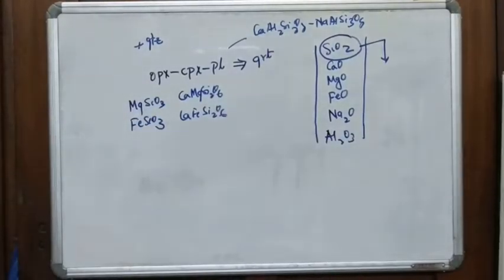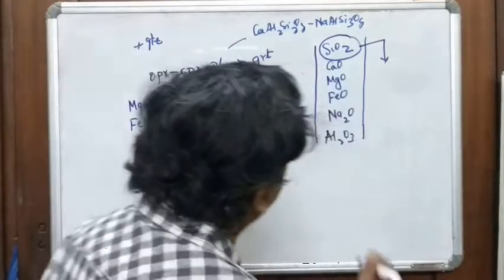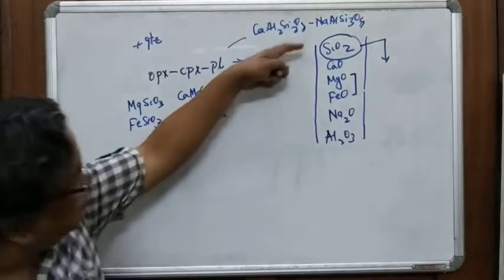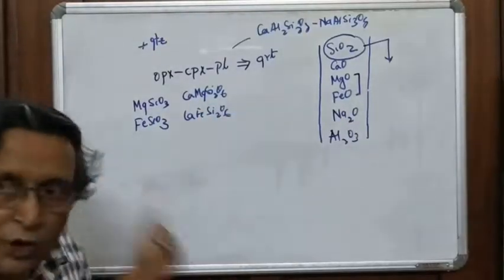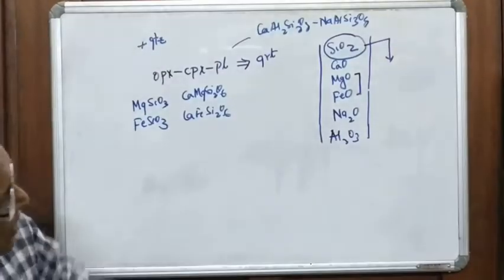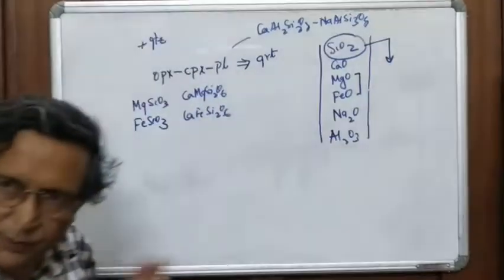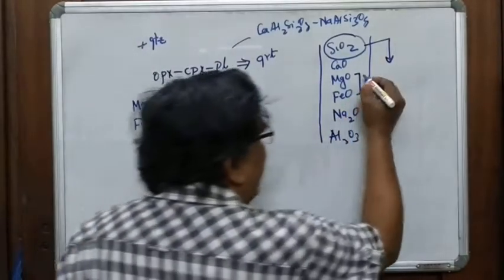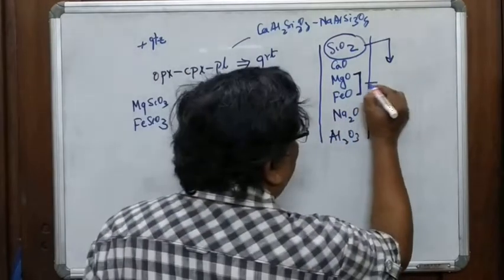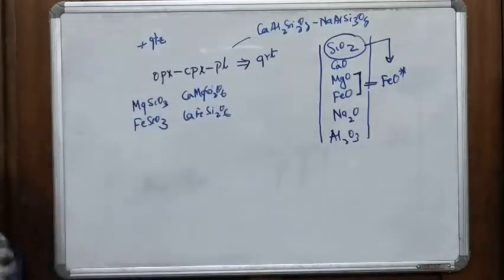To make matters a little comfortable for us, and it's not right, but what we can do is club MgO and FeO. It's not easy to draw 6 components on the diagram. There are ways to do it, that is what I will teach later. But for the moment, we take SiO2 as in excess, so we can forget about SiO2, and we can club MgO and FeO together in some sort of FeO star.